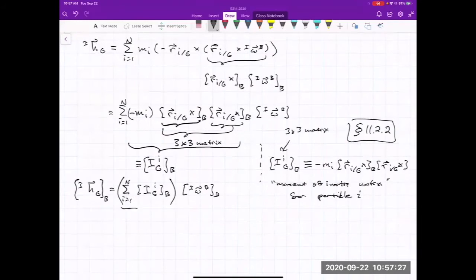So this thing is the sum of the moments of inertia matrices of each particle. We'll just drop the superscript i.